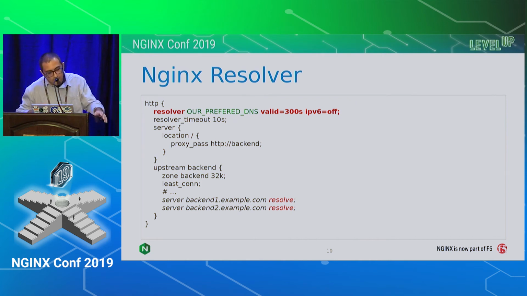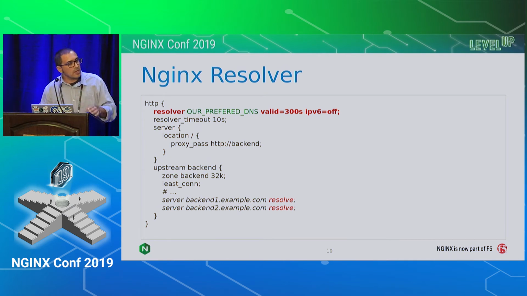So we use a configuration. We ask for the backends with the DNS. So every time we have a change in our DNS, we'll get a new IP address for our backend servers. This is something that, as I told you before, we have to do manually.